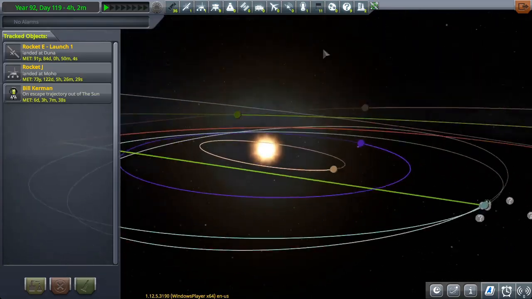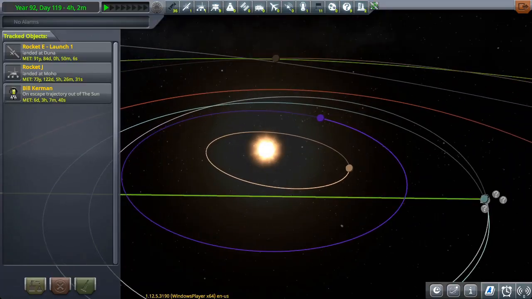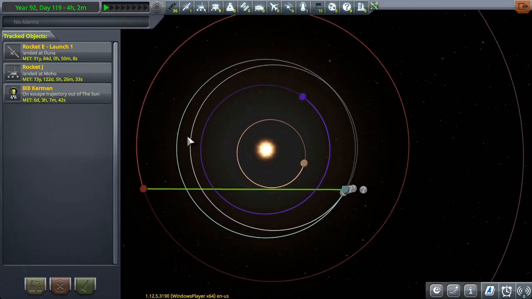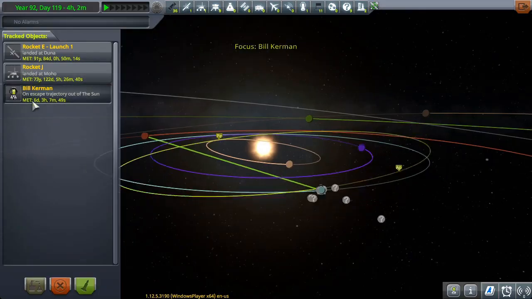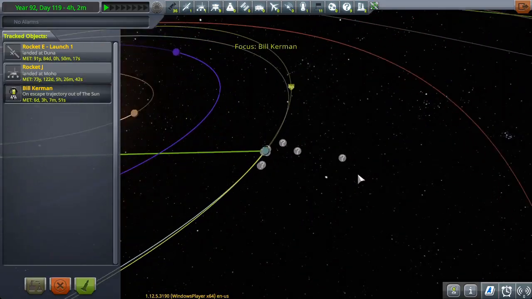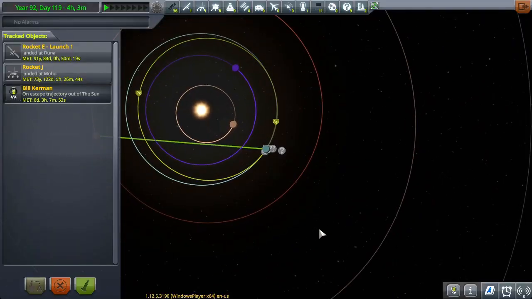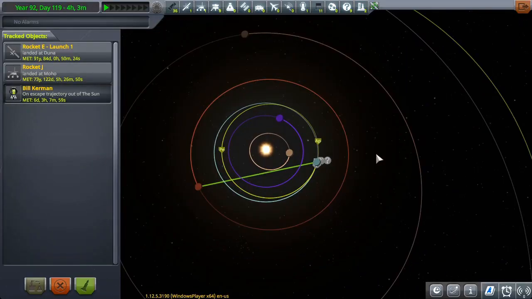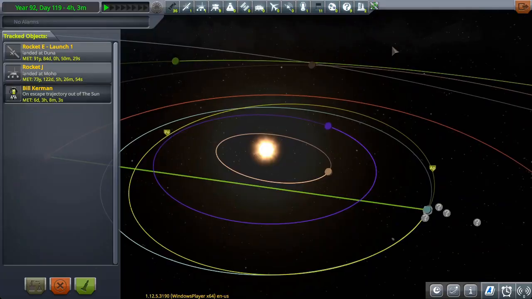However, Bill Kerman is not a planet, and his orbit does not match any of the planets except for Kerbin. So I can't just Google and go to the internet to find a diagram for the optimal transfer window that I need to use to launch from Kerbin to get to Bill Kerman.